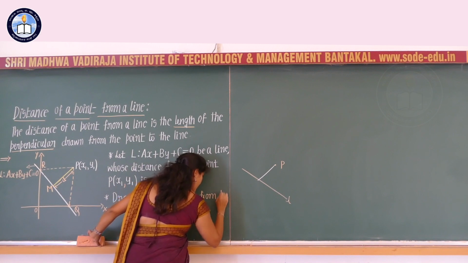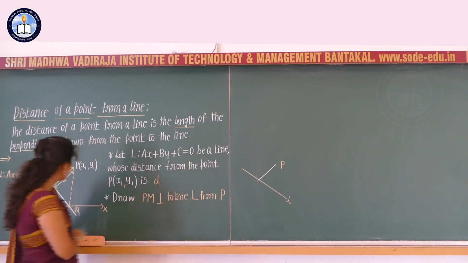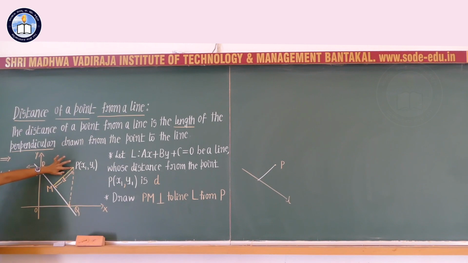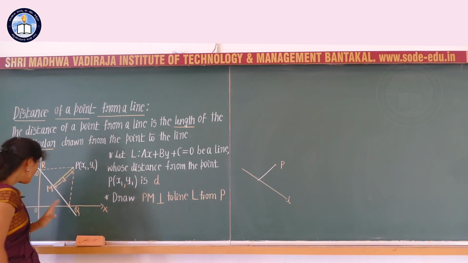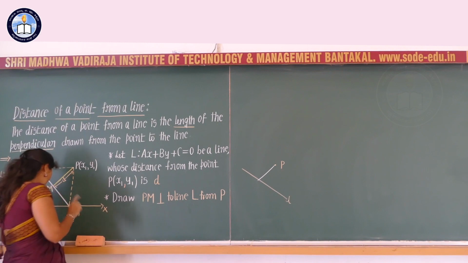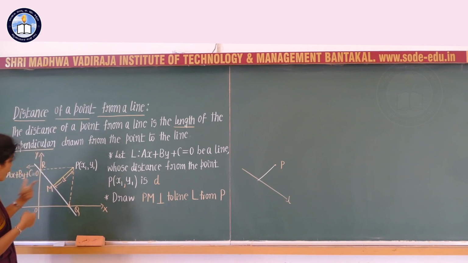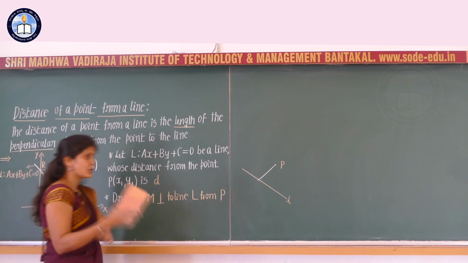From the point P. Through the point P we have considered the perpendicular PM. PM is drawn perpendicular to the line L from the point P. After that I am going to consider the coordinates of the points P, Q and R.